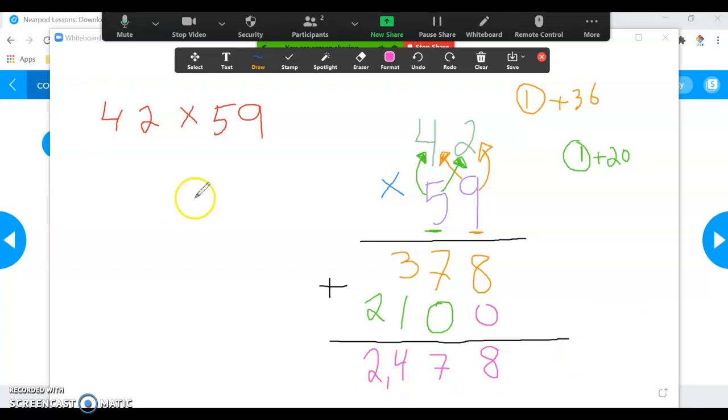So 42 times 59 equals 2,478. And this is how you multiply a two-digit number by a two-digit number.